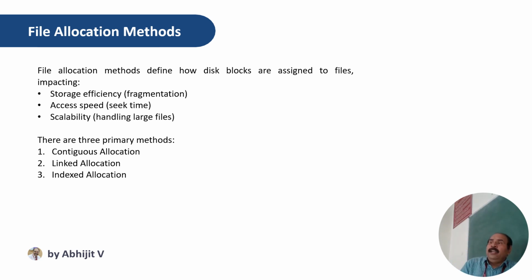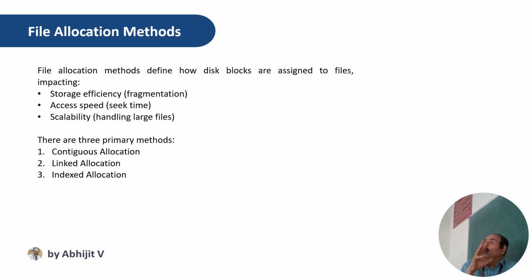So, in this slide, we are studying file allocation methods. There are three primary methods of allocation. What is the first one? Tell me. Contiguous allocation. The second one, linked allocation. The third one, indexed allocation.